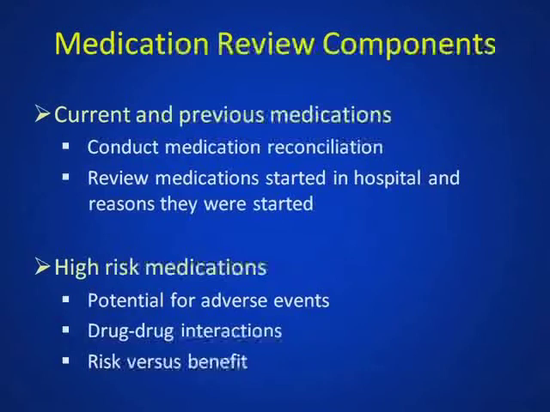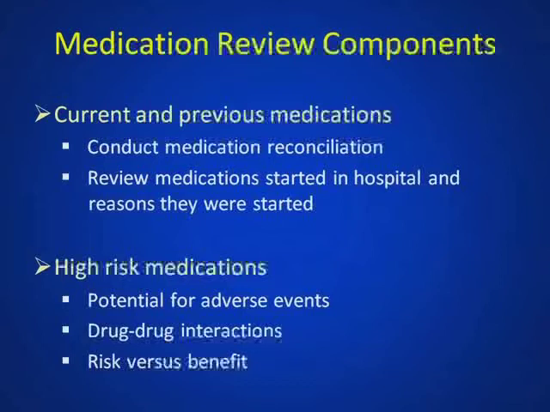When you take a medication review, it's important to look at the current and previous medications. This is called conducting a medication reconciliation. We need to review the medications that were started in the hospital and why exactly were they started. We also take a very careful look at high-risk medications.